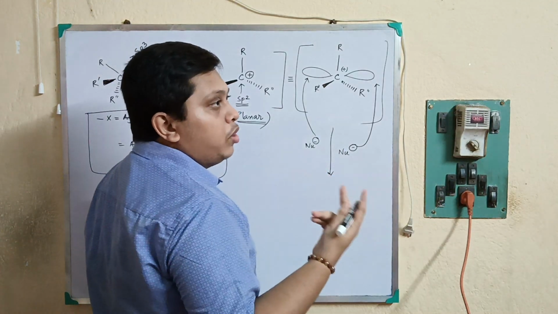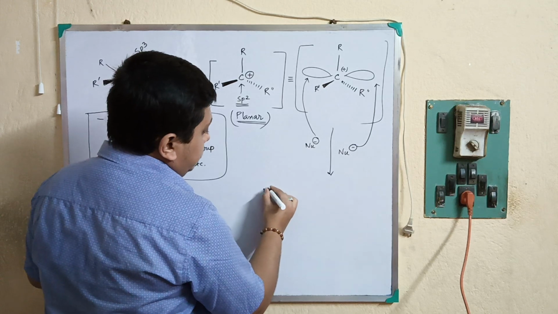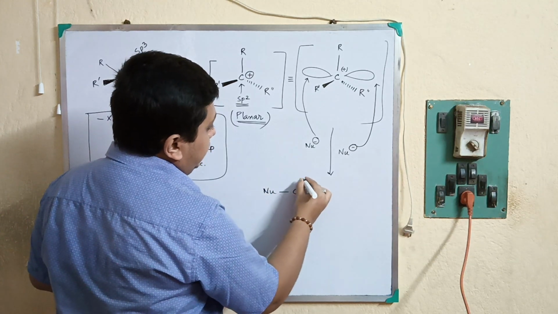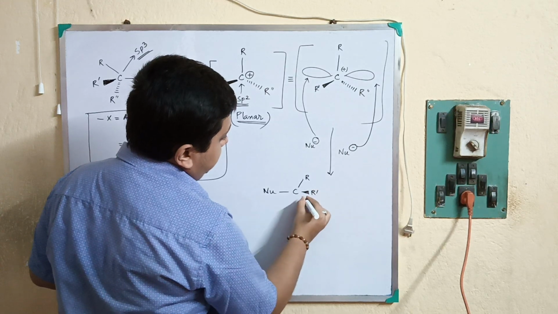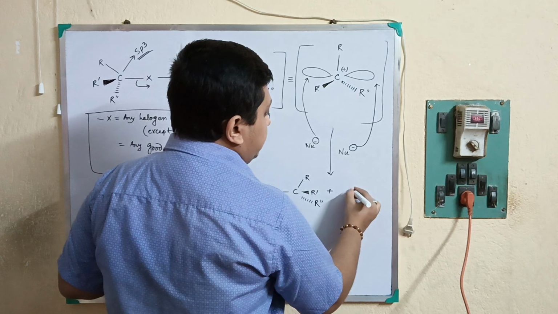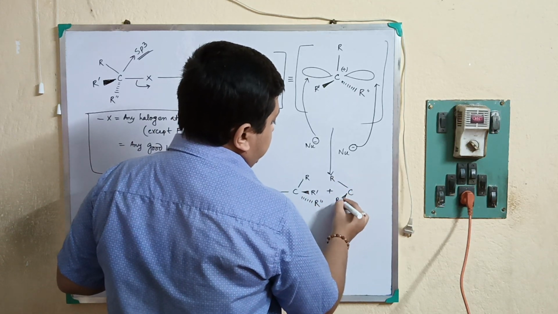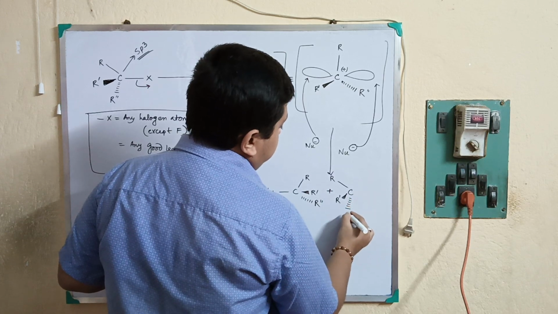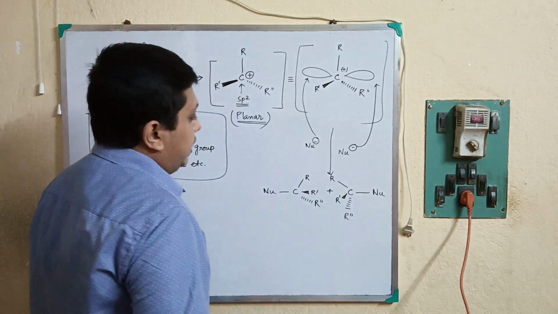Now, two molecules will be formed here. Now, let's see the two molecules. Nucleophile, carbon, R, this is R prime, this is R double prime, plus another molecule formed is R, this is R prime and R double prime, and nucleophile adds to the right side.